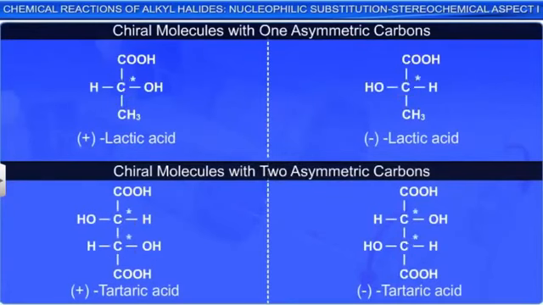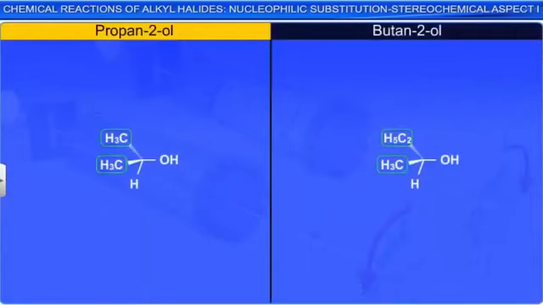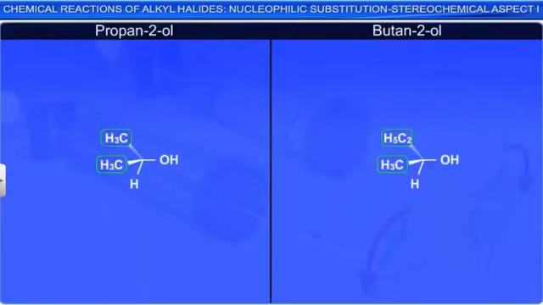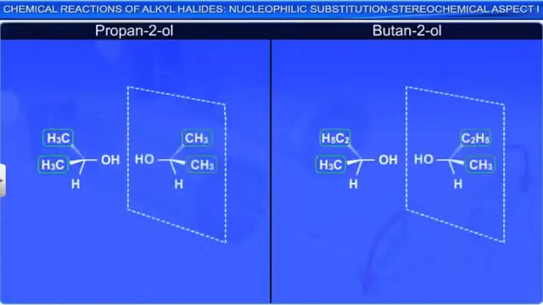Consider two simple molecules, propan-2-ol and butan-2-ol, and their mirror images as shown here. Propan-2-ol does not contain an asymmetric center, since the four groups attached to the tetrahedral carbon are not all different. Thus, it is achiral.